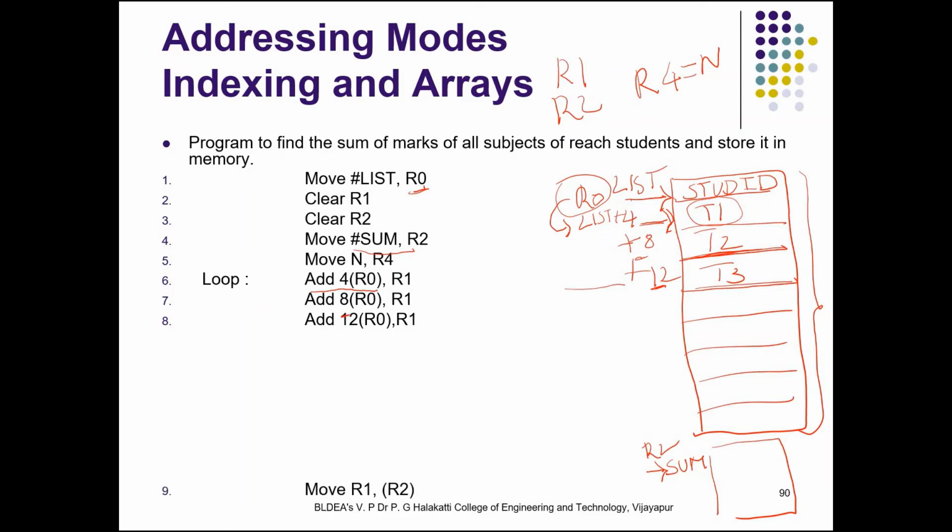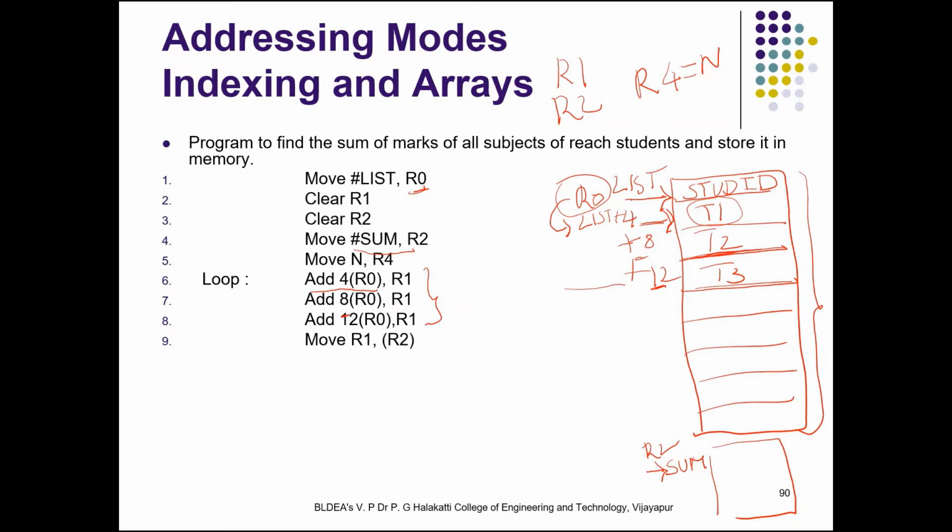So these will be accumulated in R1. Now if you see here, in these 3 instructions we are not altering the content of R0, but we are using R0 as a reference value, and to this reference value we are just changing the offset or the displacement as 4, 8 and 12.